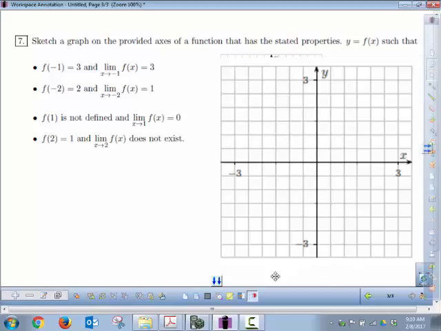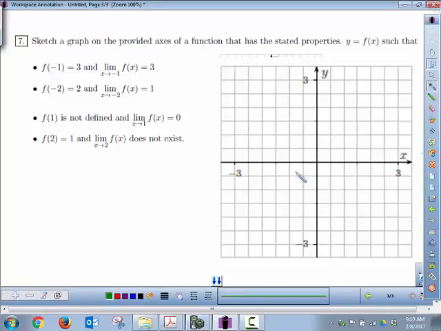So f of negative 1 is equal to 3, so I can safely put a dot up here, say that's part of my graph.